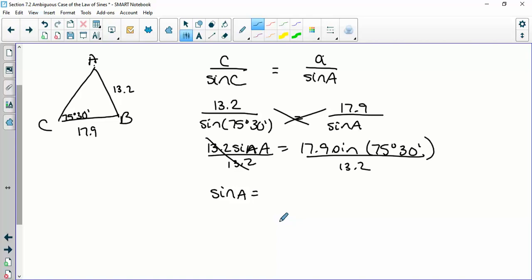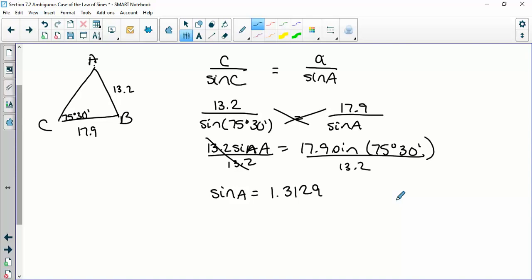Make sure you're in degree mode before you go too far with this. 17.9 sine of 75 plus 30 over 60. All right. So I get sine A equals 1.3129.